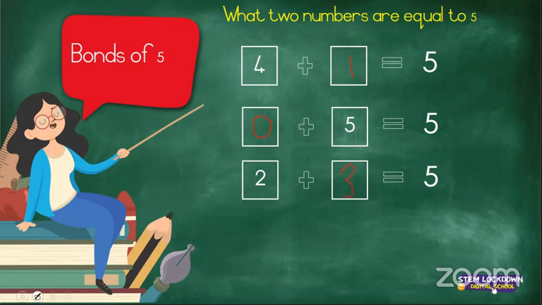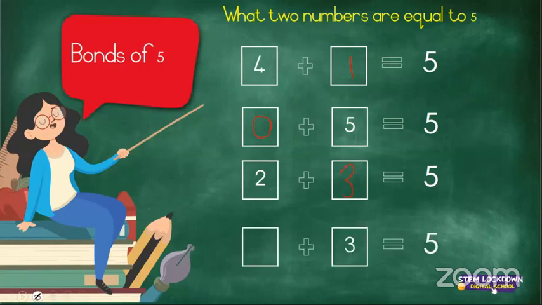Good. And let's look at the last one, boys and girls. Have a look carefully. We've got an empty block plus 3 equals what? Right, you're all looking carefully.